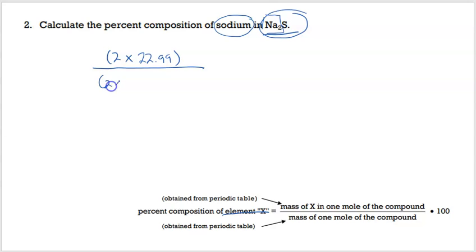So we're going to go 2 times 22.99 again, plus I have 1 sulfur, so I'll just go 1 times the mass of sulfur, which is, all right, so 1 sulfur would be 32.07.